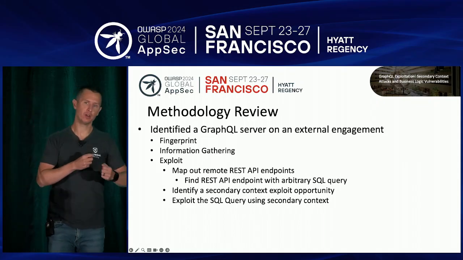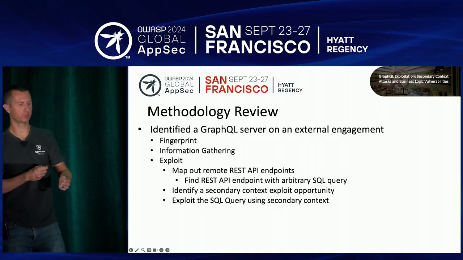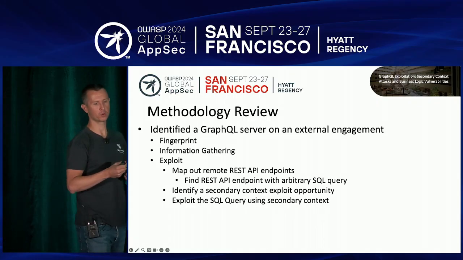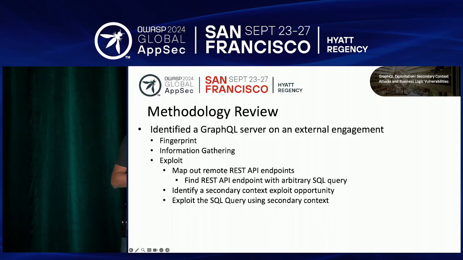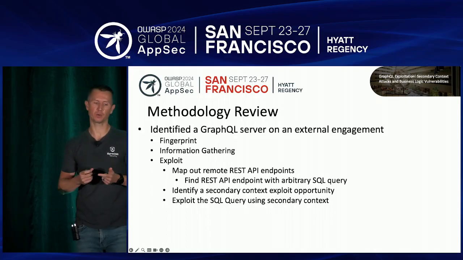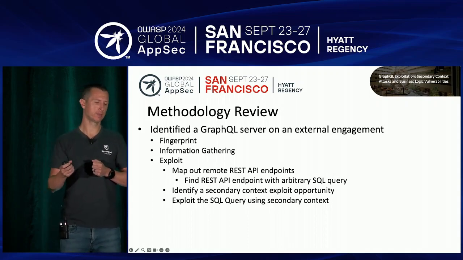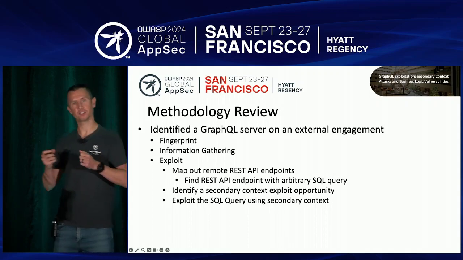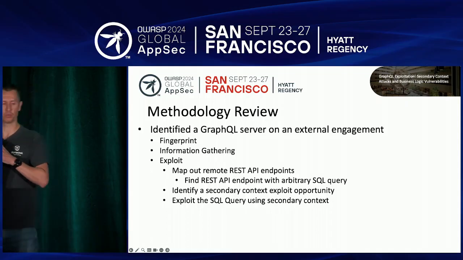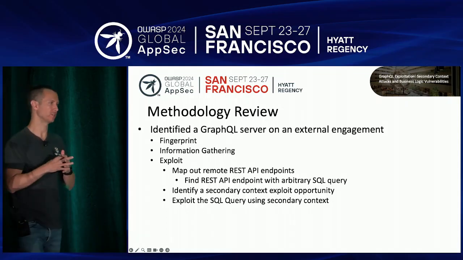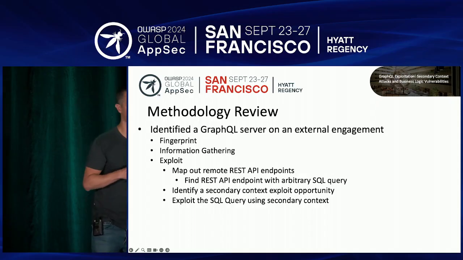So at that point, now I know I have GraphQL validation, doing the brute forcing, and this is where we came into the story: mapping out remote REST API endpoints, finding REST API endpoints with the arbitrary SQL query was a big part of it, identifying that secondary context attack around the same time as we're brute forcing, and then combining those together for the final payload.